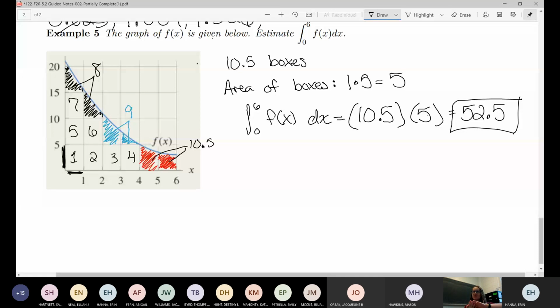If there's no grid, just go ahead and do a regular Riemann sum. But if there's a grid, you can count. Also be careful, because if the instructions tell you to use a Riemann sum, then you need to use a Riemann sum. But if it doesn't specify and it just says estimate the area or estimate this integral, then if you can count boxes, you can go ahead and count boxes. Just remember that you need to take into consideration the area of each box.